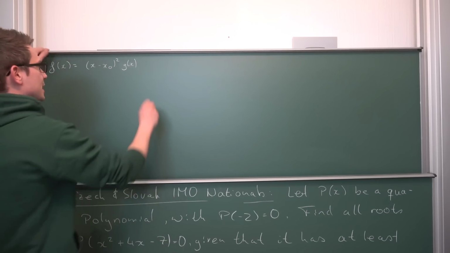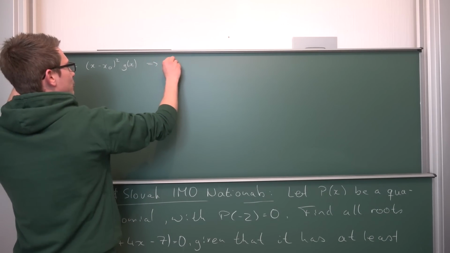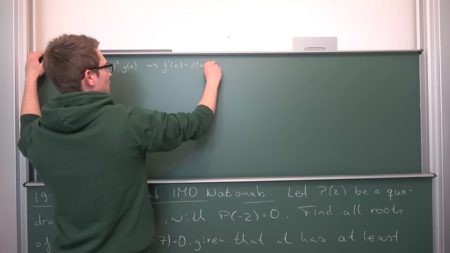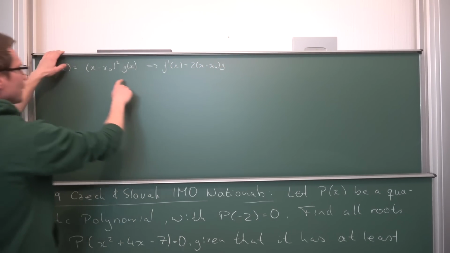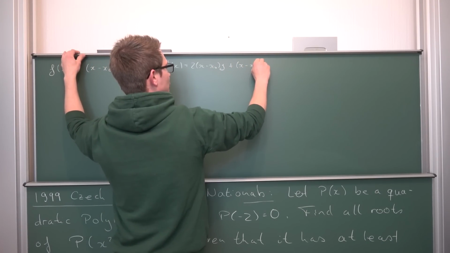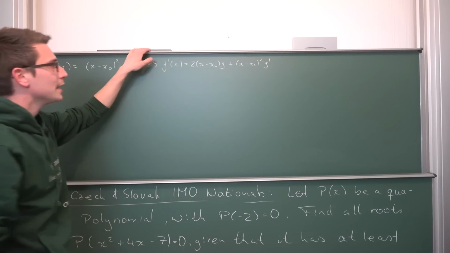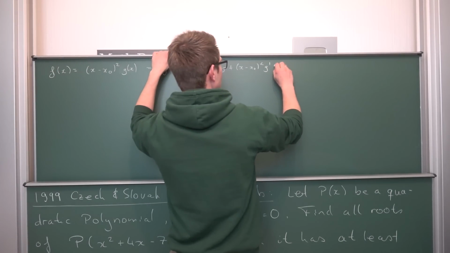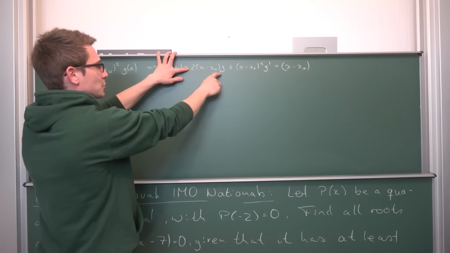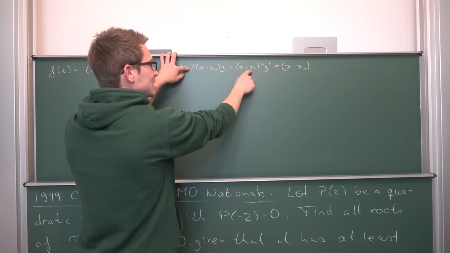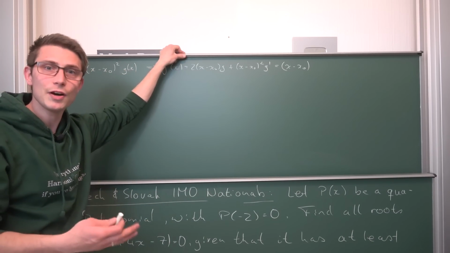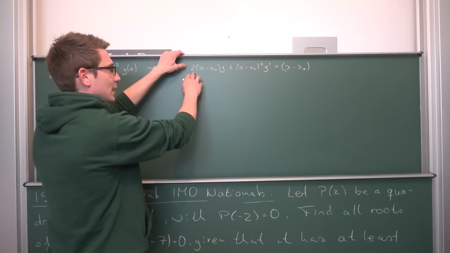If we were to differentiate this now, we get that f prime of x is equal to 2 times x minus x naught times g, plus x minus x naught squared times g prime. Now we can factor out x minus x naught, and what we have left is 2 times g of x plus x minus x naught times g prime of x. This is just another polynomial in some kind of way.